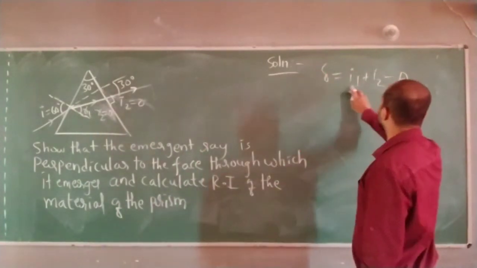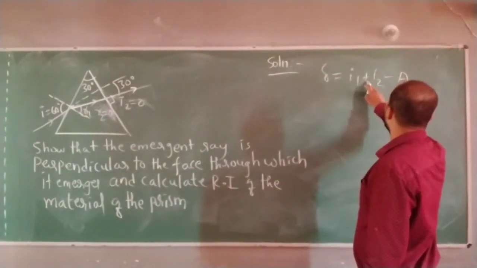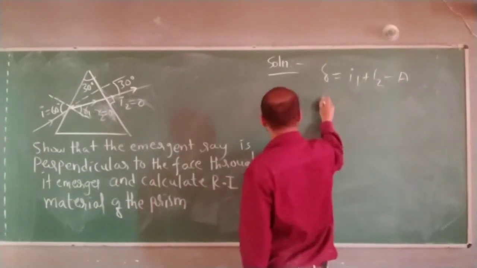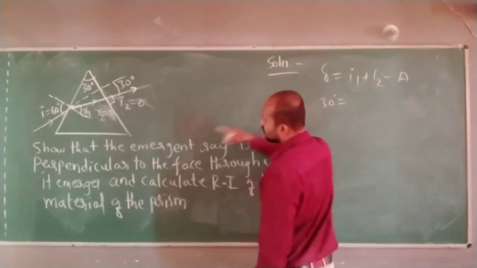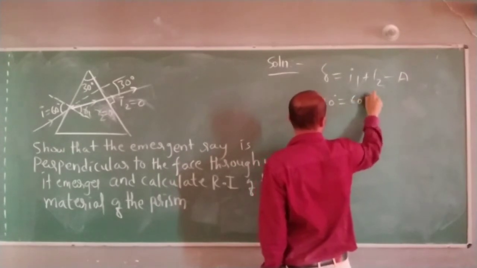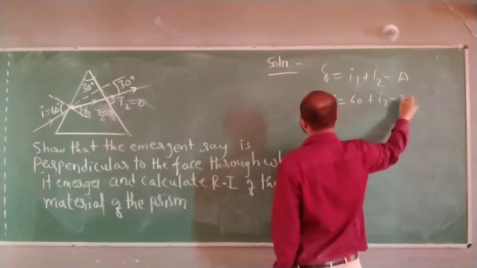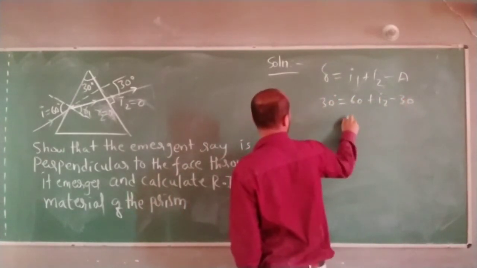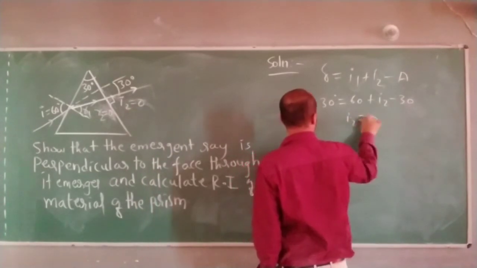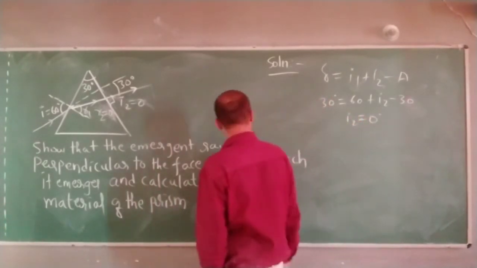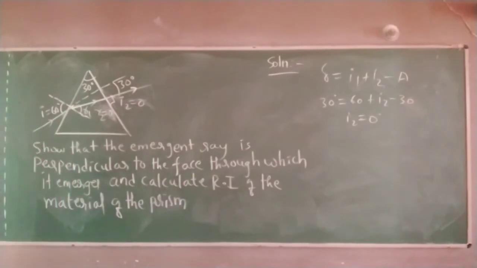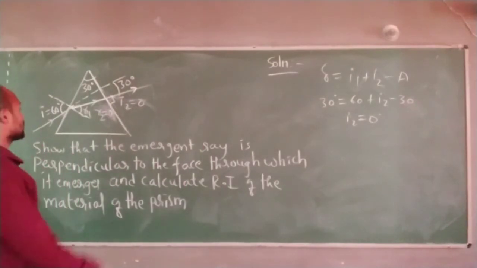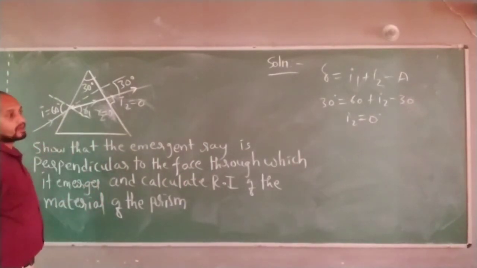So delta is equal to I1 plus I2 minus A. Delta is 30. I1 is how much? 60 degree plus I2 minus 30. So I2 is how much? Equal to 0 degree. When I2 is equal to 0 degree, R2 also will become 0.